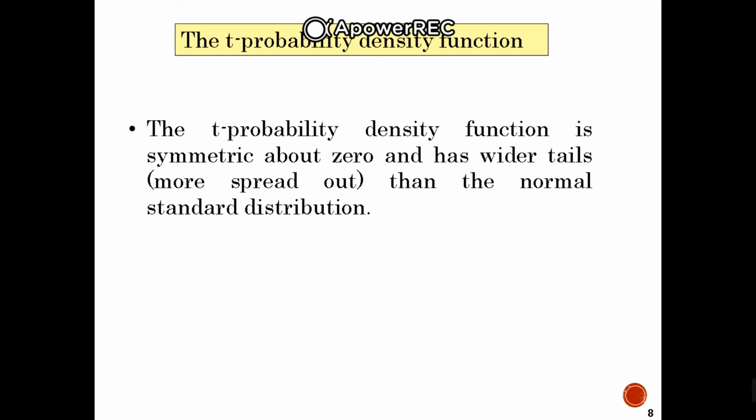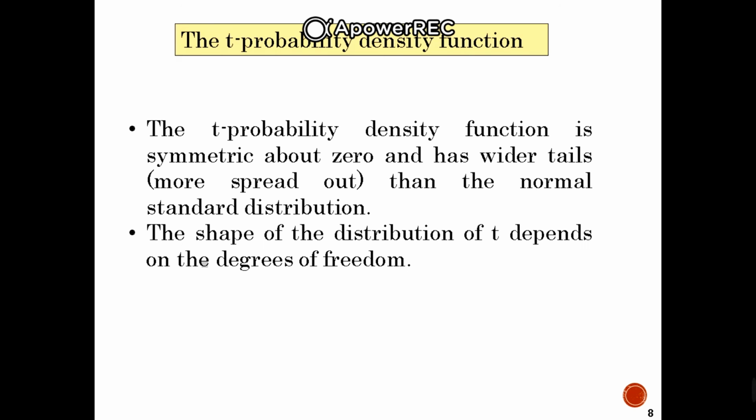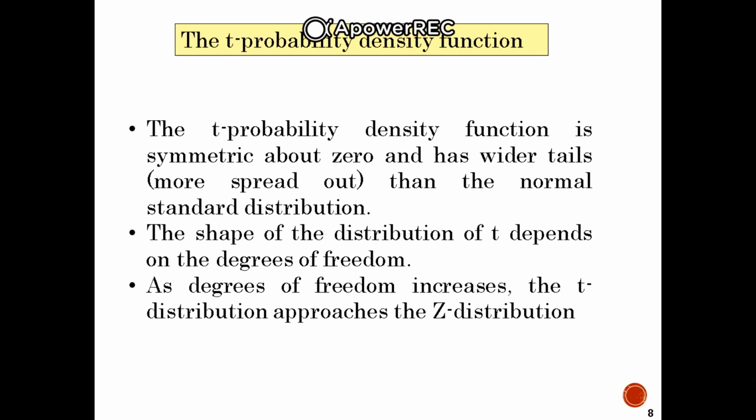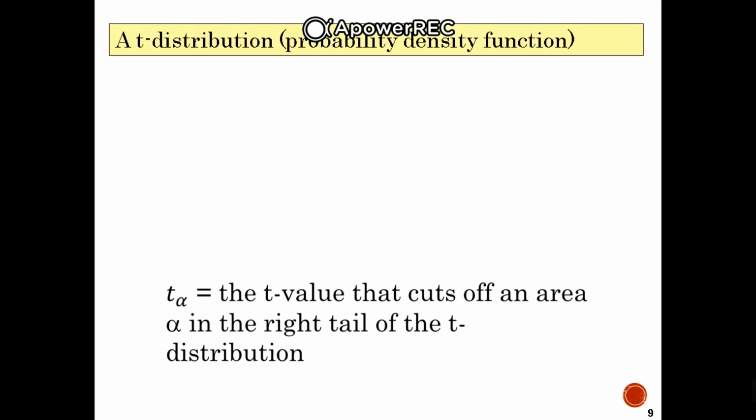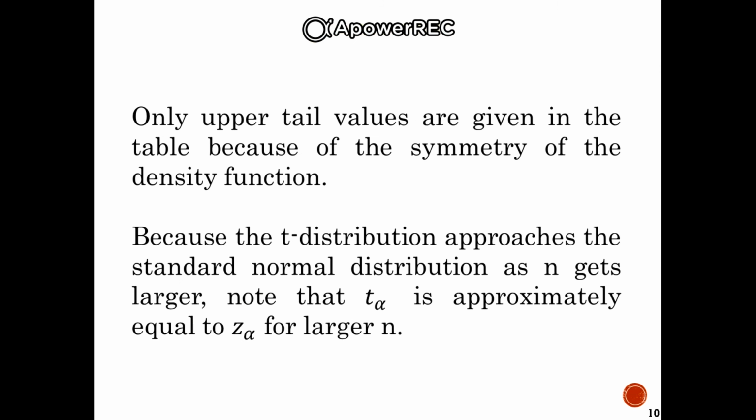The t probability density function is symmetric about 0 and has wider tails, or is more spread out, than the standard normal distribution. The shape of the distribution of t depends on the degrees of freedom. As the degrees of freedom increase, the t distribution approaches the z distribution, and t sub alpha is equal to the t value that cuts off an area alpha in the right tail of the t distribution.